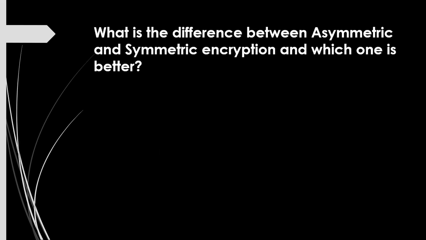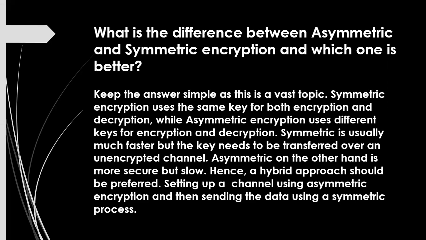Next question: what is the difference between asymmetric and symmetric encryption, and which one is better? Keep the answer simple as this is a vast topic. Symmetric encryption uses the same key for both encryption and decryption, while asymmetric encryption uses different keys for encryption and decryption.